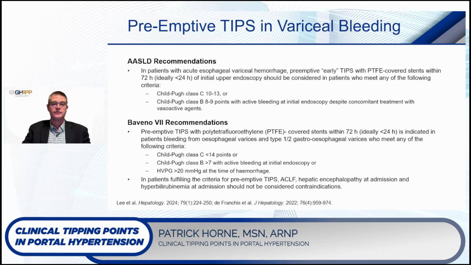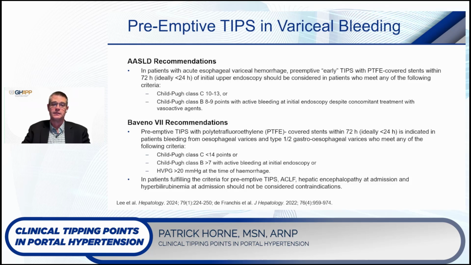So again, preemptive TIPS, these are the guidelines and recommendations from both the AASLD as well as the Baveno 7 group. Very similar, basically saying that patients with acute variceal hemorrhage, a preemptive or early TIPS, within 72 hours, but ideally less than 24 hours after an initial upper endoscopy should be considered when the patients meet the following criteria.